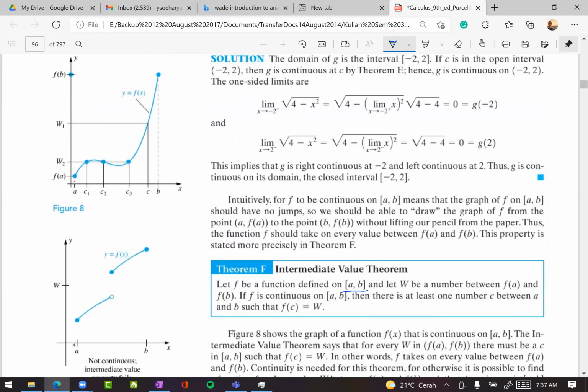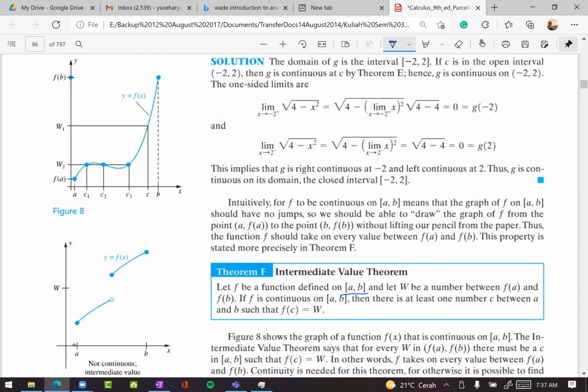Right. So what does this mean? This is the picture. This is the graph of the function f of x, and you have f of a here. Pick any value between f of a and f of b, for example this is w1. It turns out there is a c here which has exactly that value. It doesn't tell you how many c's there are going to be.